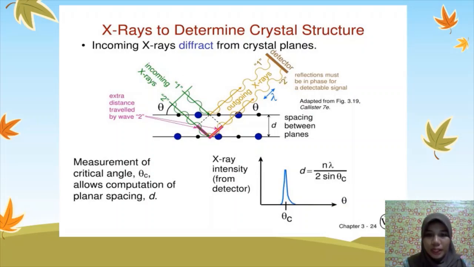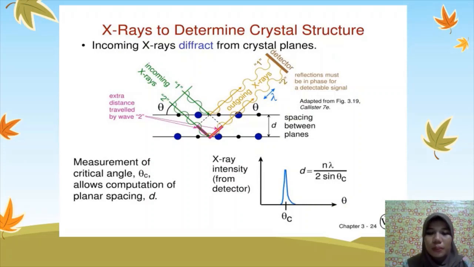The outgoing X-ray goes through the detector, so the diffraction must be in phase for a detectable signal. From the detector, we can look at the X-ray intensity that shows the peaks.